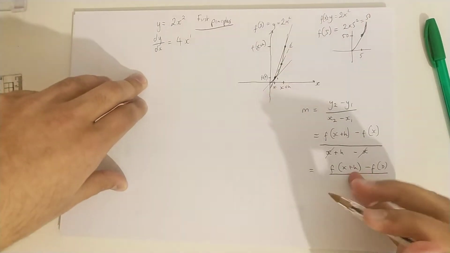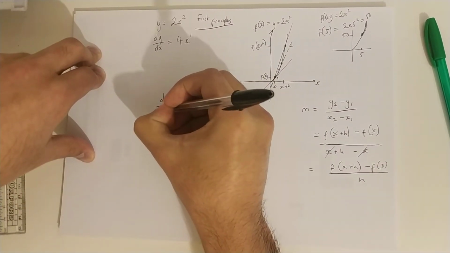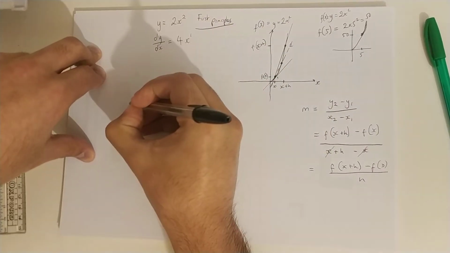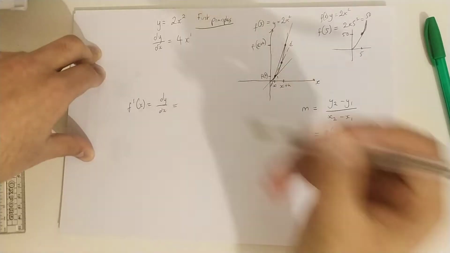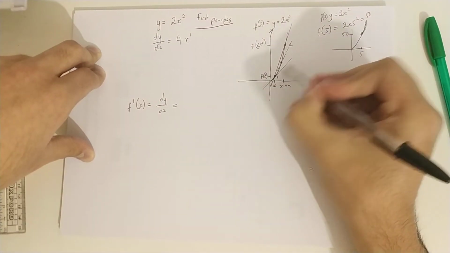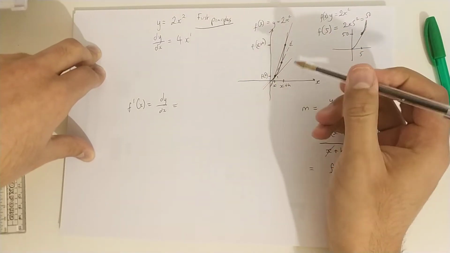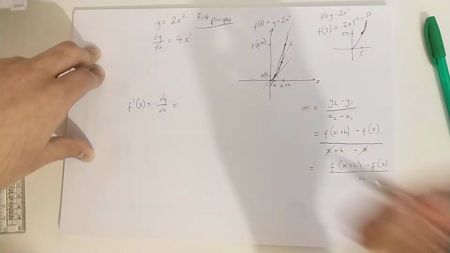Right, so how we're going to make that happen is we're going to say that dy by dx, or more commonly referred to as f dash of x, is now going to be similar to this. So the gradient function, i.e. this line here, is going to be very closely related to this thing here.